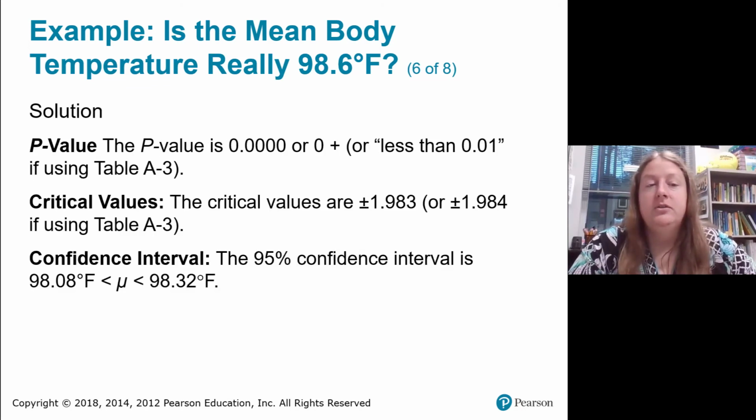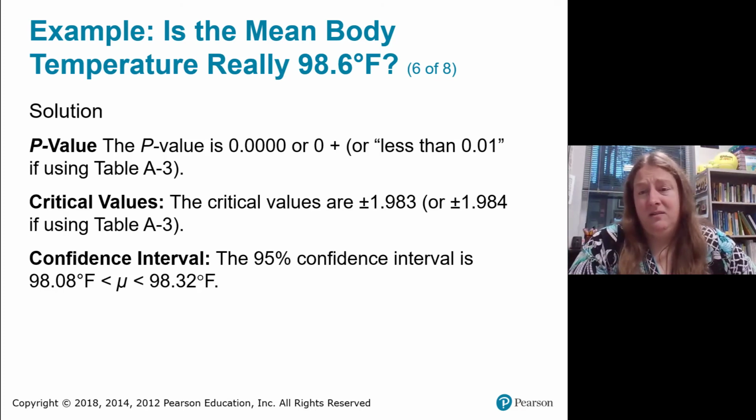Great. So now we have options on how we go about this. Using the p-value method, if we look for that t-value that we found, or the positive version of it, we find that the p-value is 0.000, or basically 0.